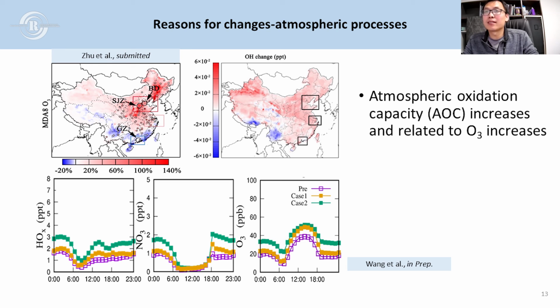Here we look at their concentrations of OH, and it's very well related with the ozone changes in China. And also if we look at their sinks and the sources of those oxidants, we can clearly see that in case 2 during the lockdown, they were increased.